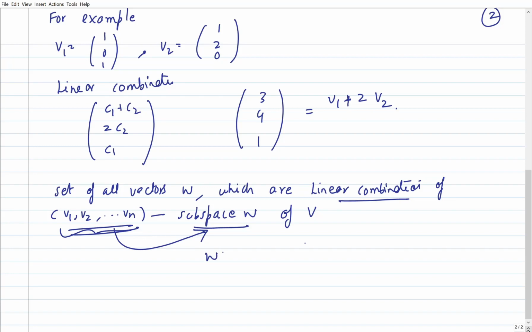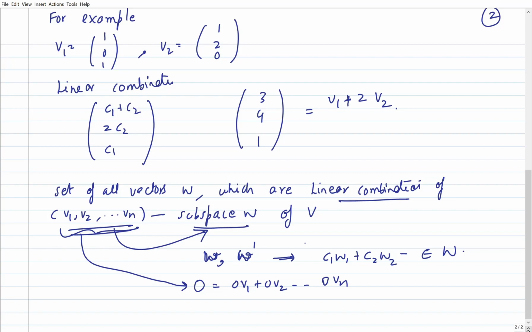Well, if w and w prime are two vectors, then so is their sum also an element of the same subspace. And I'll also have the zero vector, which is going to be 0 v1 plus 0 v2 plus 0 vn. I can express the zero vector also as a linear combination. That is also going to lie in W.